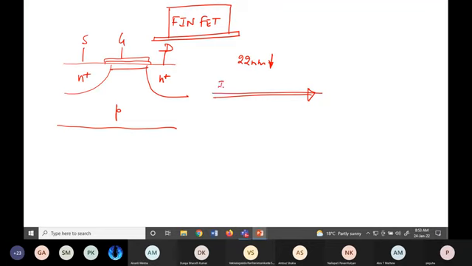Specifically Intel in their 22 nanometer process started using FinFET. Other foundries, for example TSMC, started FinFET around the 14 nanometer process, and so on, right? So how does this FET look in newer technology? FinFET is a kind of 3D device.